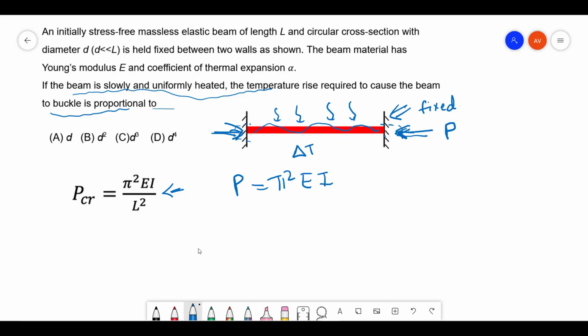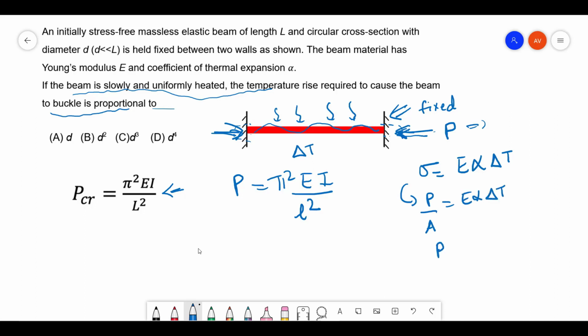Now the stress due to temperature change is equal to E alpha into delta T. The load is always in the axial direction, so you can write the stress as P by the cross-sectional area A. Therefore you can write P in this form.